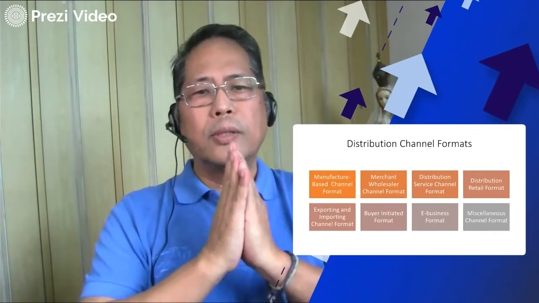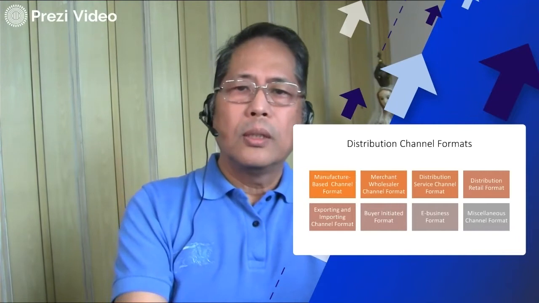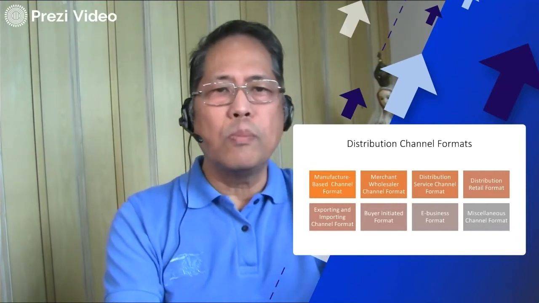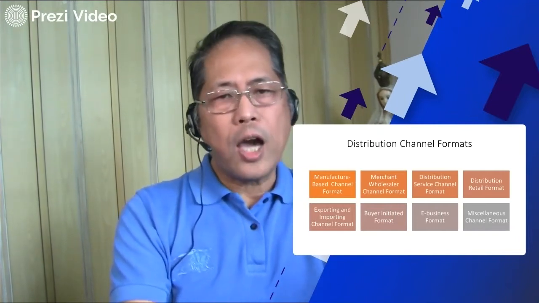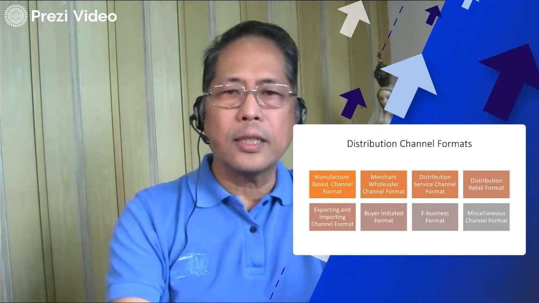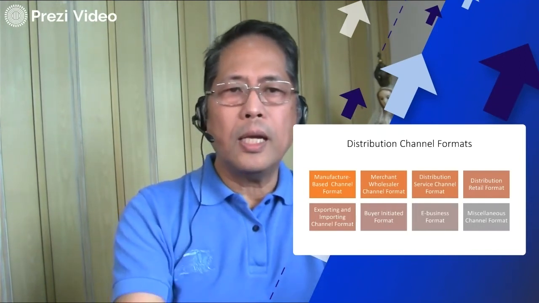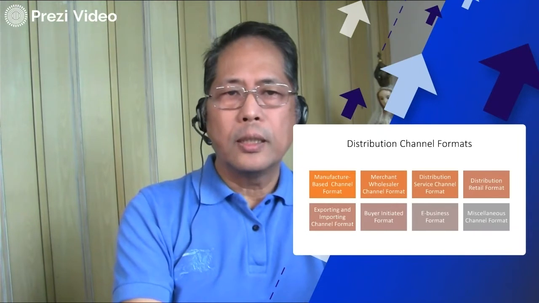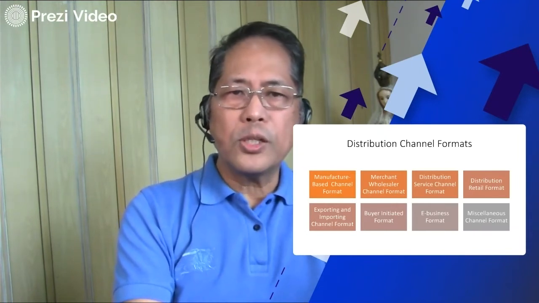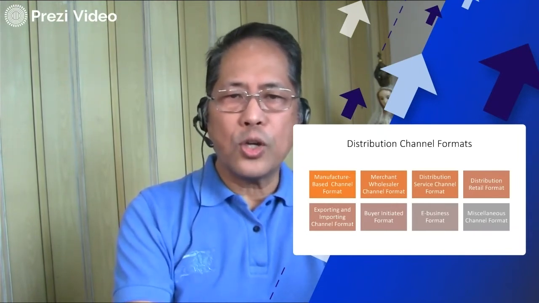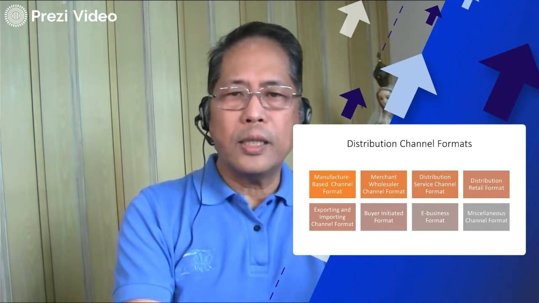Plus, whether they are carried out by the sales and distribution division of a manufacturer, an e-tailer, or an independent merchant wholesaler, there are a number of critical functions performed by the distribution channel.